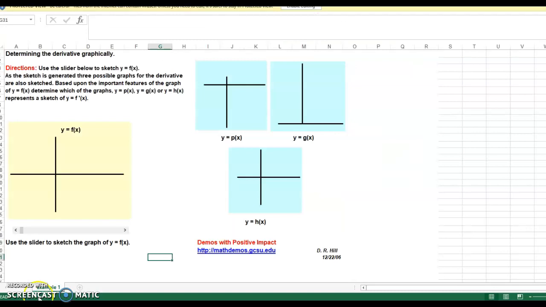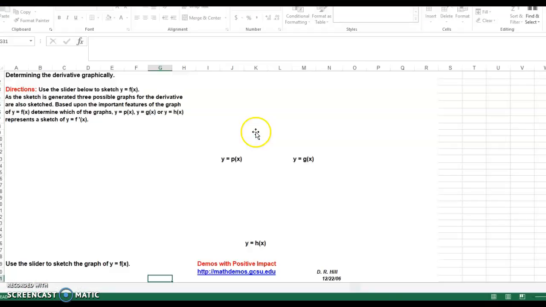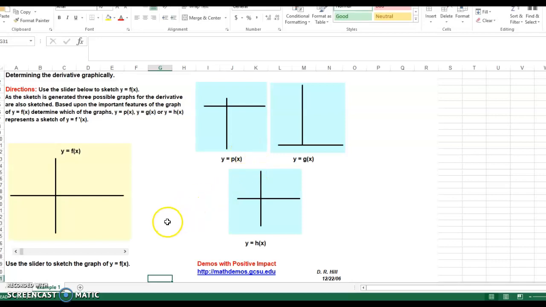What's really cool about this is it lets you guess which of these three is going to be your derivative. So you start here with the slider, and you start sliding the curve over a little bit. You start sliding values of x.